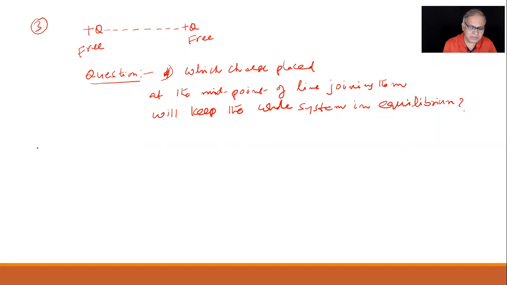The difference between this and that is, this plus Q was fixed previously. And this plus Q was fixed. So we only talked about the equilibrium of the body we place in the middle, this charge. Because this charge is fixed, when it comes here, this will apply force on this.